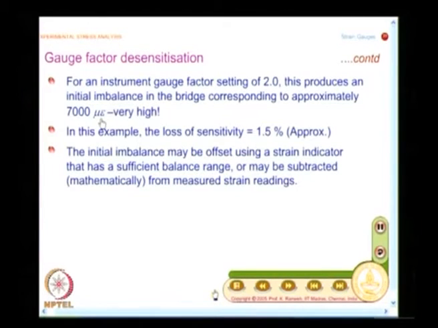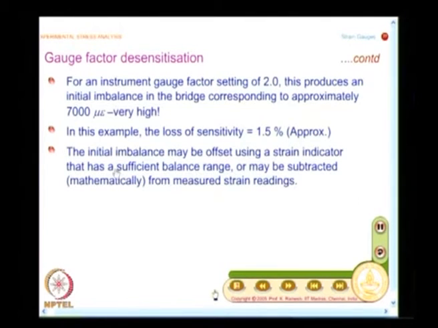And when I have this, we have already seen what is the loss of sensitivity. It is given as the ratio of the lead wire resistance to the strain gauge resistance, which is something like 1.5% approximately.